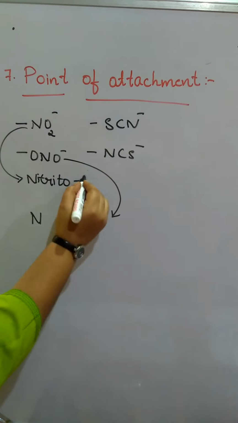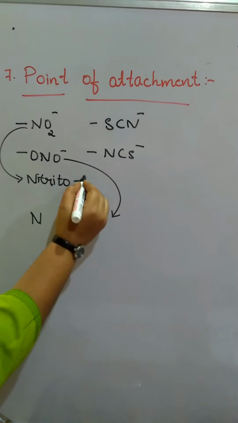So if this is concerned, this becomes thiocyanato, this becomes isothiocyanato. Iso indicates nitrogen and thio indicates sulfur. So that's how we are going to mention the point of attachment also.